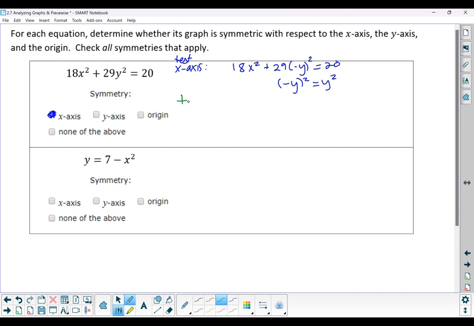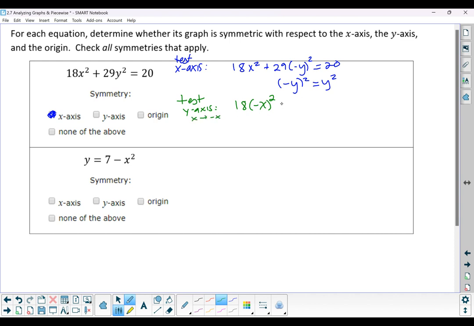Let's test y-axis symmetry. And you may not even write any of these things out. You may just be thinking this mentally in your head. So don't feel obligated to write a bunch of stuff out when you're testing these. If you really understand it, it can be a mental check. So to test y-axis symmetry, we're going to change the sign of the x.